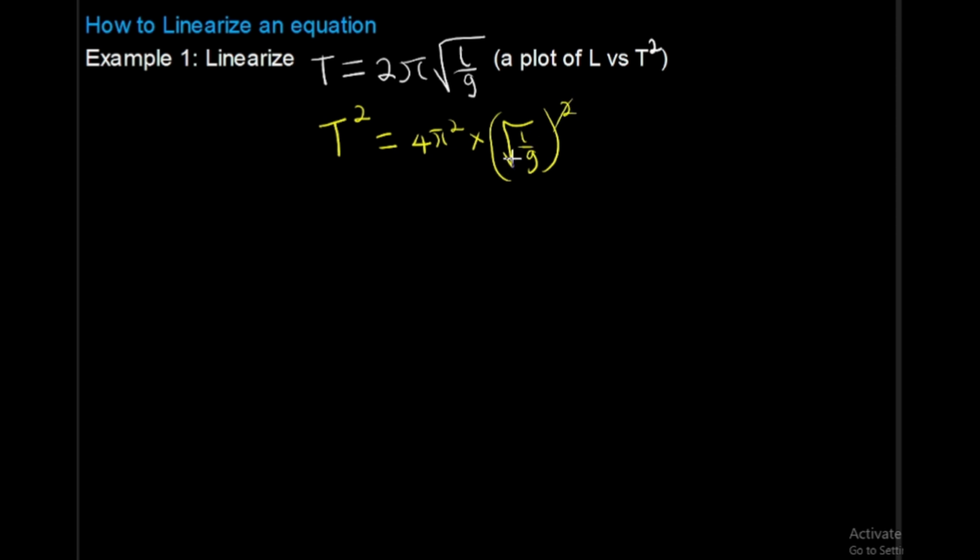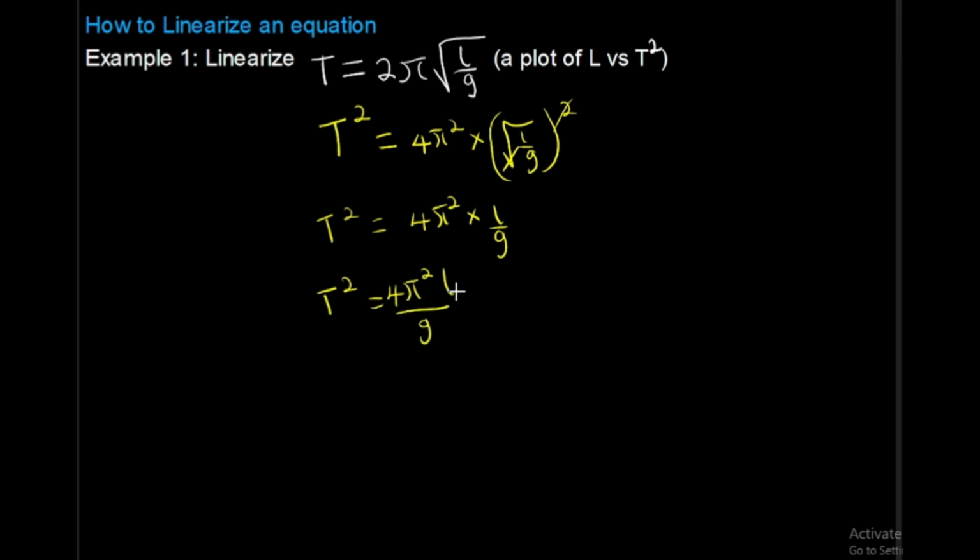The square here is going to cancel the square root, so we are left with T squared equals 4 pi squared times L over g, that is T squared equals 4 pi squared L over g.